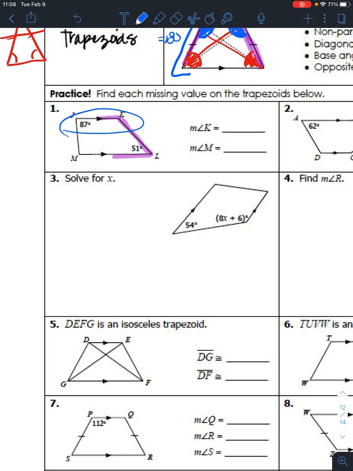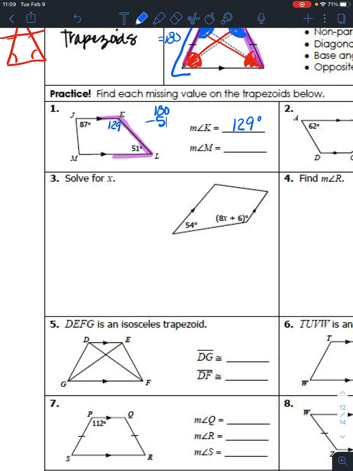Those do not equal 180 because this angle and this angle at K are not between parallel lines. That parallel line is the transversal. So you don't want to use that. What we want to use is the angles between JK and ML. So you would take 180 and subtract 51, and you get that angle K is 129 degrees.